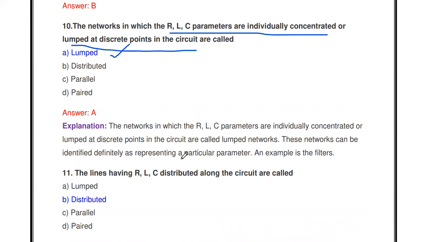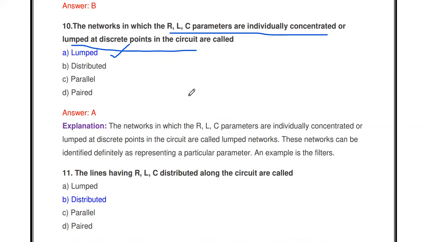But in the electrical equivalent of a transmission line, the effect is indicated by RLGC, and the resistor, inductor, capacitor and conductance can't be separated. So the transmission line is a distributed network.